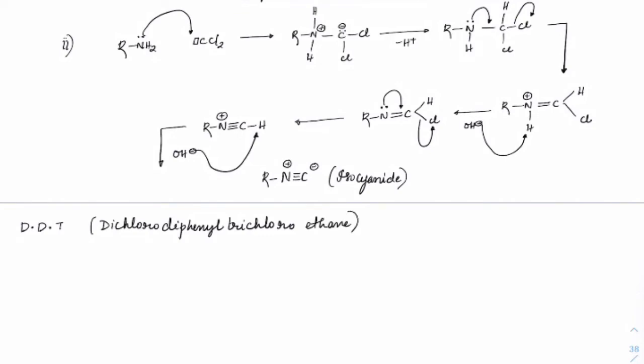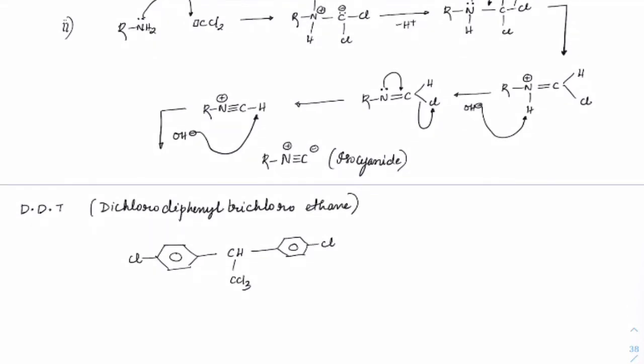If you see the structure, we have CH CCl3, so trichloroethane this is, on which we have a phenyl with chlorine on it, and we have another phenyl with chlorine on it. Okay, that's the common name, DDT, dichloro diphenyl trichloroethane.